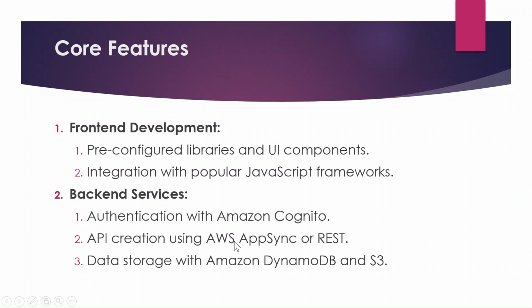API creation using AWS AppSync or REST. So it will help you build APIs, or you can choose a GraphQL API with AppSync for real-time data or the standard REST APIs, and data storage with Amazon DynamoDB and S3.